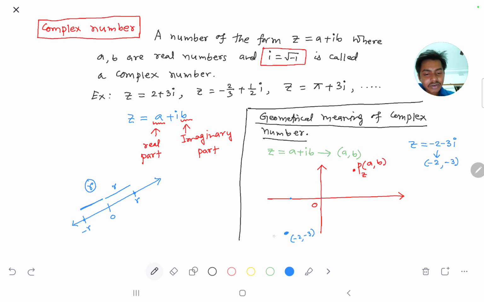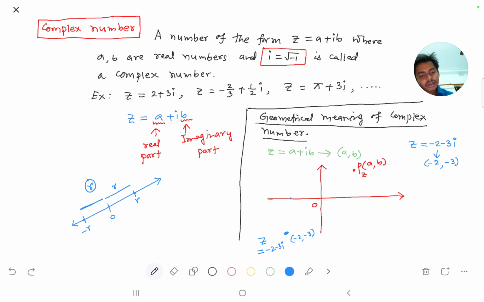This point will represent the complex number z equals -2 -3i. The same argument is true for any complex number. In general, if you take z equals a plus ib, you can identify it with the point (a, b), and you get a point on the xy plane that we denote by P suffix z.